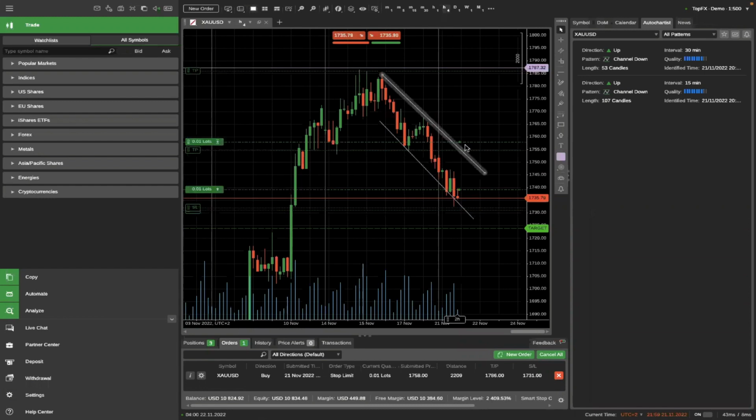For example, in our case, this is a potential breakout to the upside above 1,758 if this market ever will break, of course, and go towards 1,787.